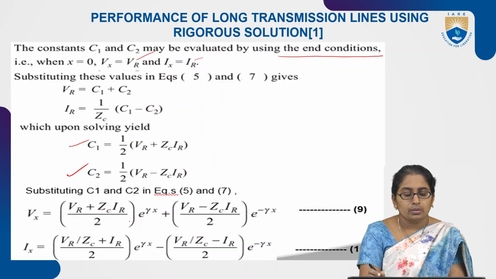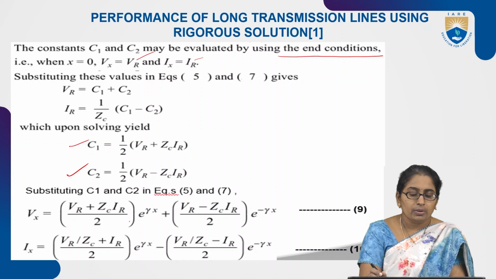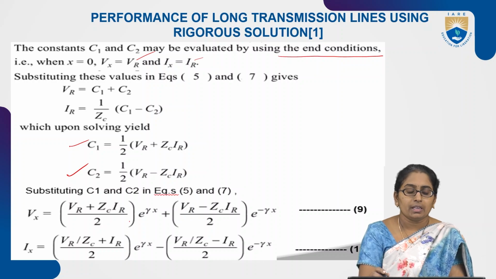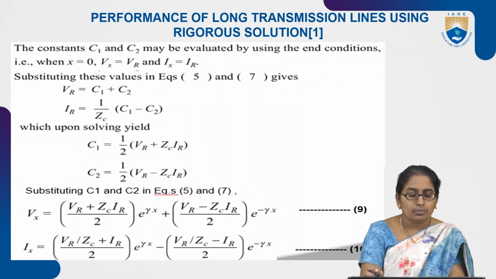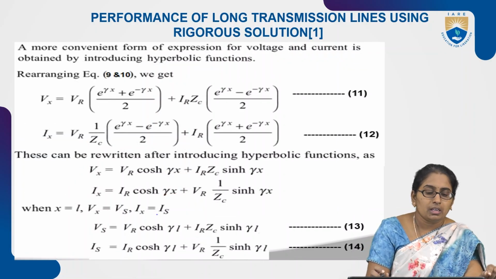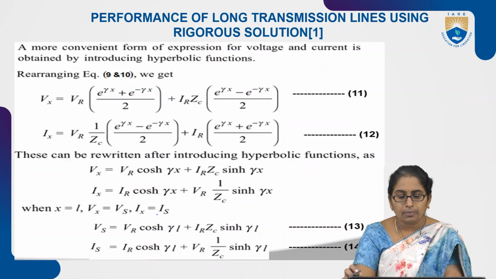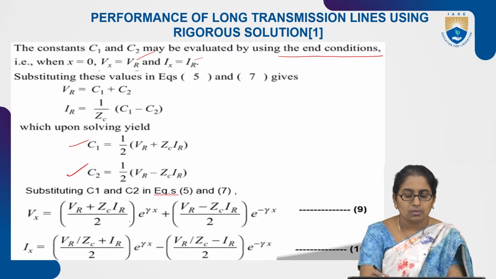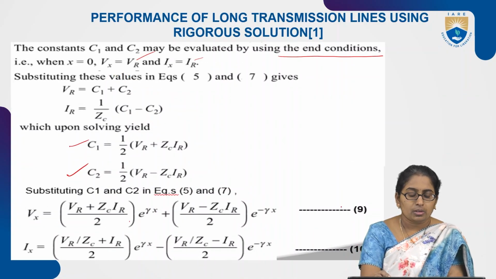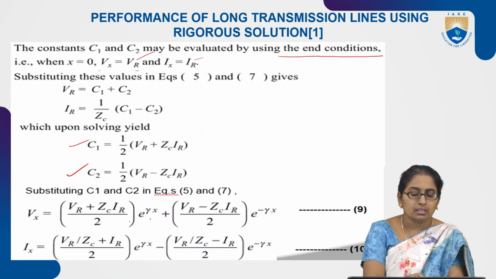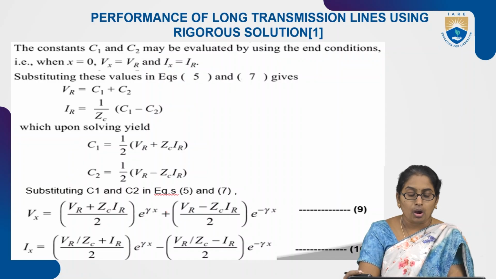Now finally we have obtained voltage and current equations in terms of known parameters. So finally, see that the equations 9 and 10 are written in a simplified manner, taking the hyperbolic functions as a common term.